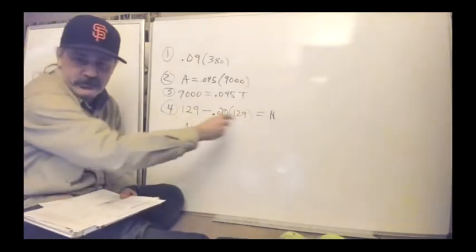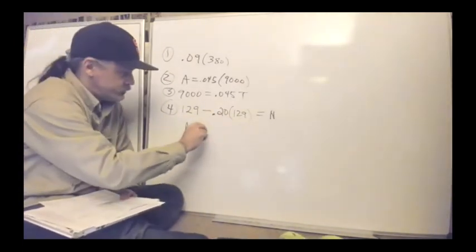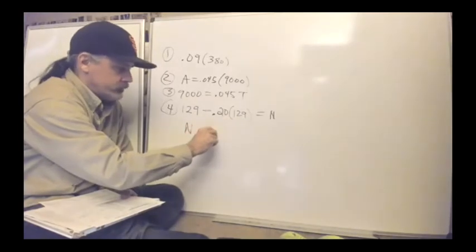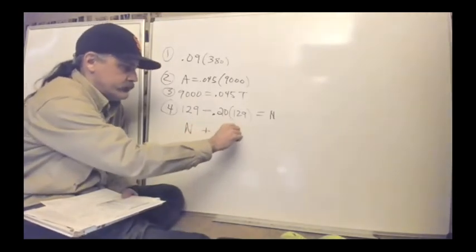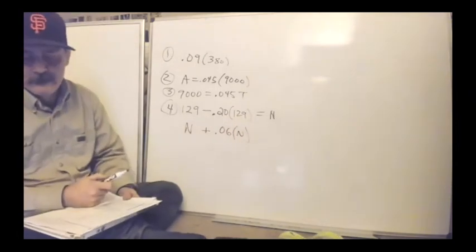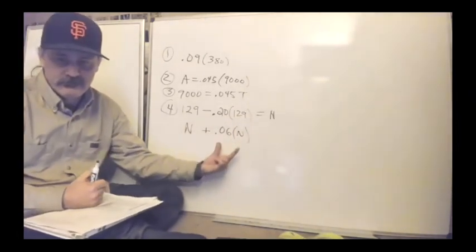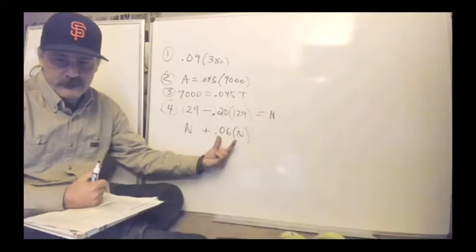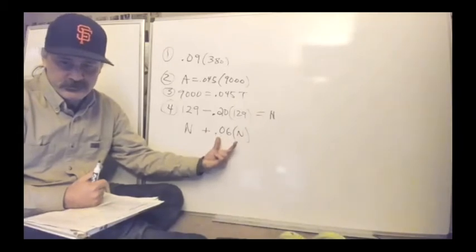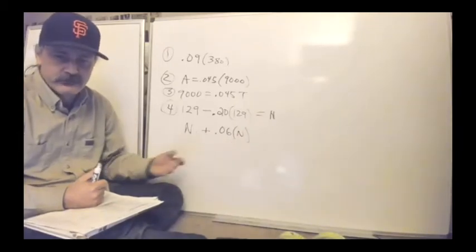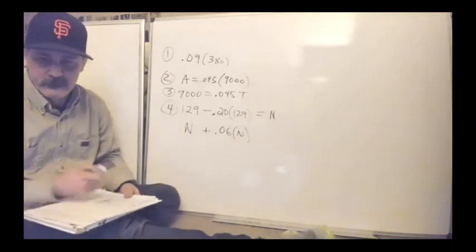So whatever that number is, you're going to increase it by 6% of that number. That's the tax that you're going to add to that number, and that's what you have to pay.